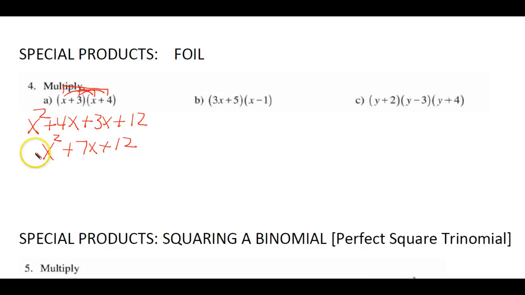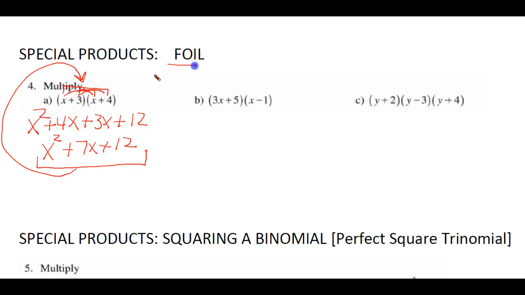We now have a trinomial that came about from multiplying 2 binomial factors. What we'll be doing shortly, not in this lesson but later in this module, is take this trinomial and factor it back into its factors.